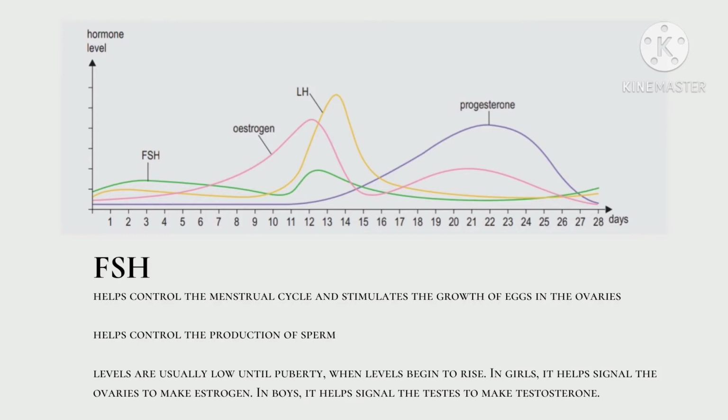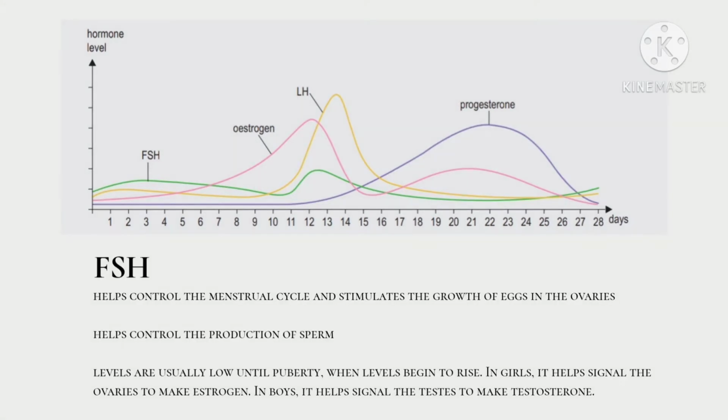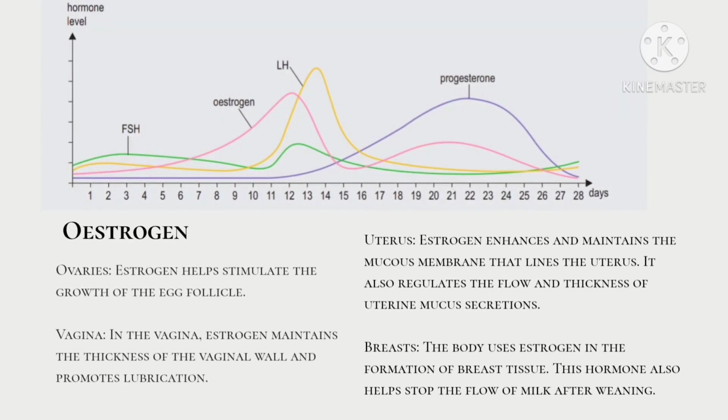In men, it helps control the production of sperm, while in children, the levels of FSH are usually low until puberty hits, then it begins to rise. In girls, it helps signal the ovaries to make estrogen. In boys, it helps signal the testes to make testosterone.